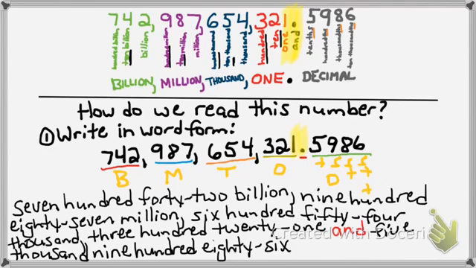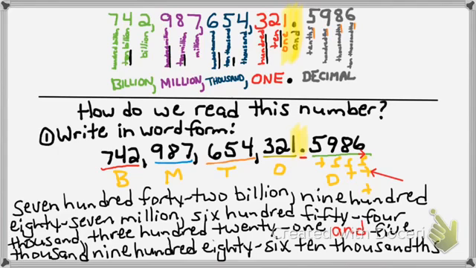And I have to say the last digit, that 6. What column is it in? I have the TH, which is 10 thousandths, and I simply write down the name of that column, 10 thousandths. So when I end with a decimal, my last words are always the name of that specific column that the last digit is in.